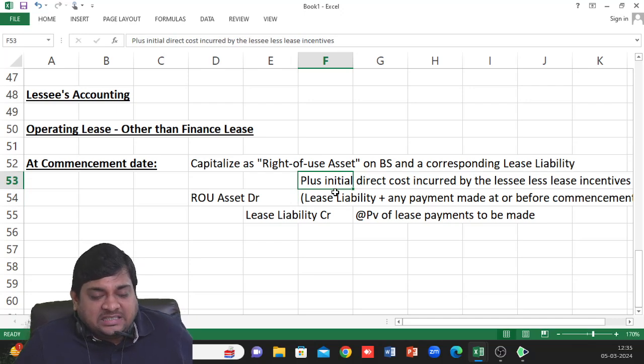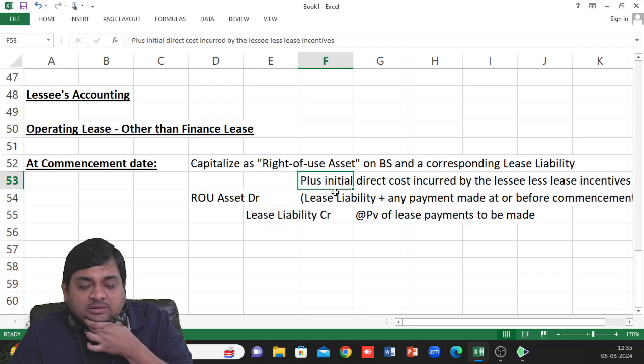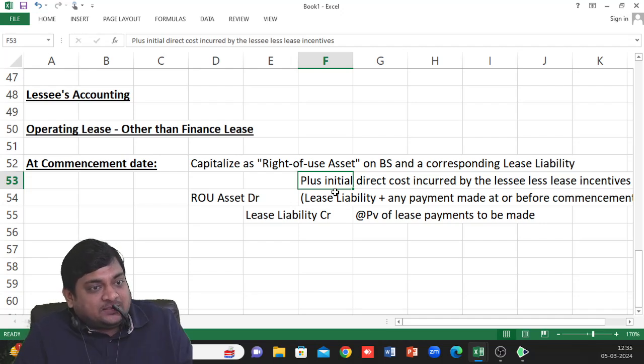So when I debit the asset, it will not be only with lease liability. It will be plus any payment which I have made today or initial direct cost which I have incurred, less any incentive which I have received.